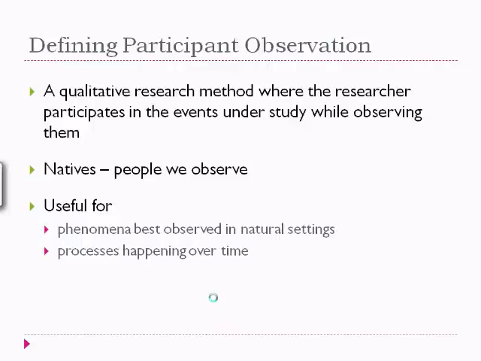And participant observation is particularly useful for observing a couple of things. First of all, any kind of phenomenon that is best observed in its natural setting, and that would be very, very difficult to observe in a laboratory, for instance.